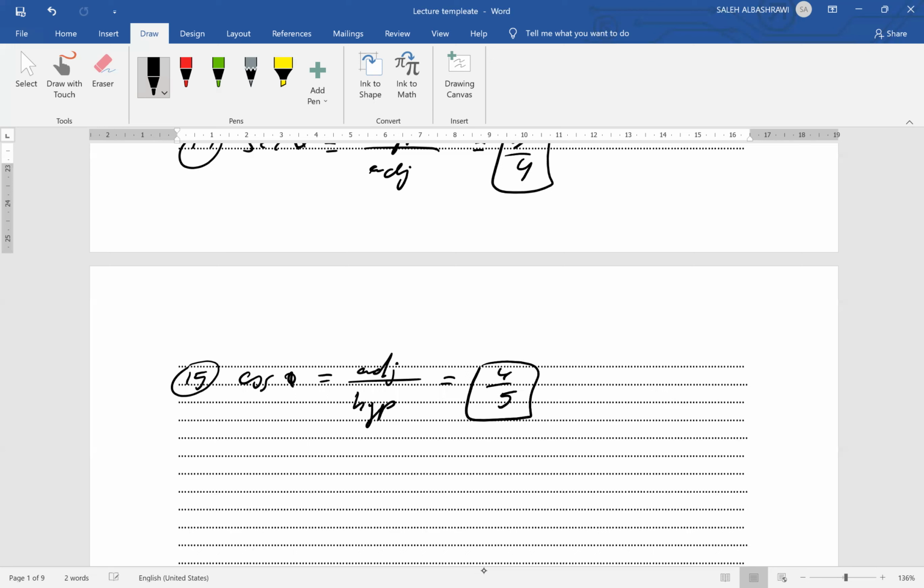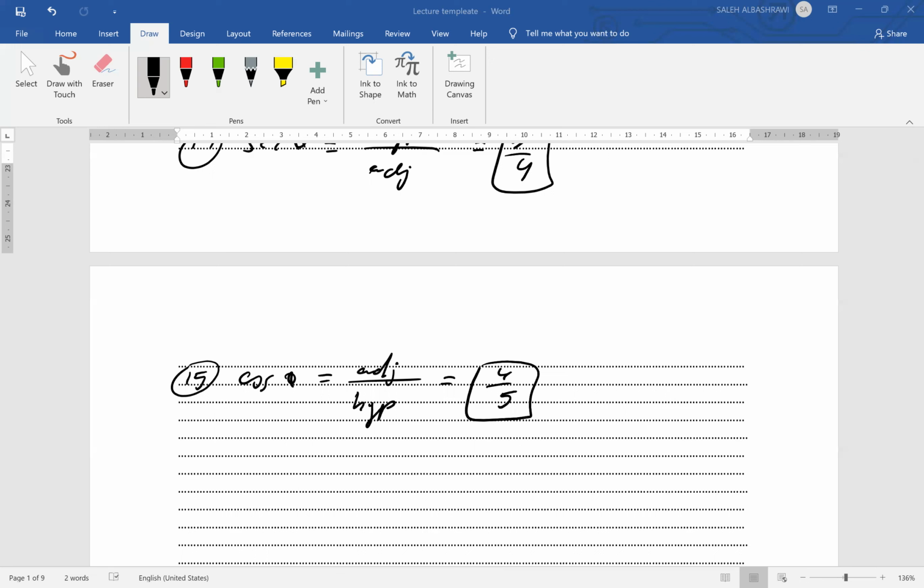So this is the idea of finding the missing trigonometric functions if you are given one of the 6 trigonometric functions. We just need to define the adjacent, opposite, and hypotenuse to find the remaining ones. Let's take another one.